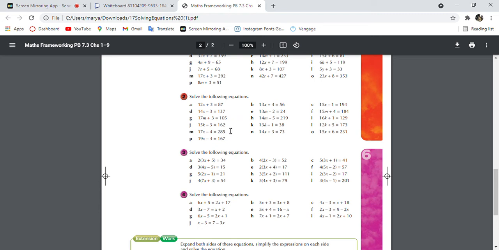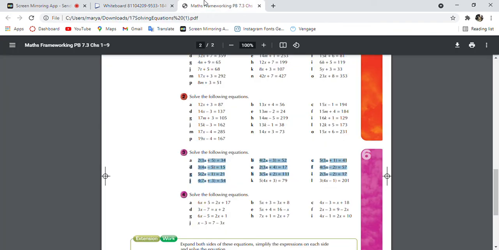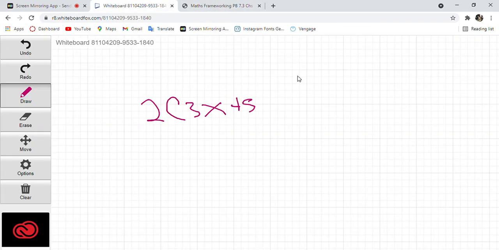Okay, so now we're going to be moving on to brackets. So 2 bracket 3x plus 5 bracket equals 34.